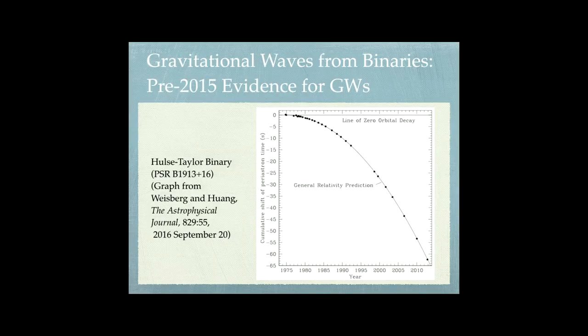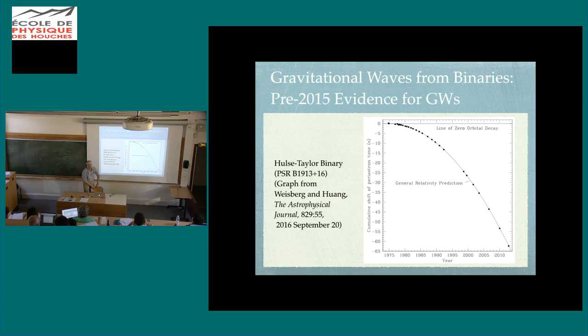Okay, this is another piece of evidence, very well-known piece of evidence. This is the latest curve from Joel Weisberg, and this is the energy prediction. The solid curve is the energy prediction of how the orbital period of this binary pulsar system would change, and compared to the actual observed values, it's spot on.